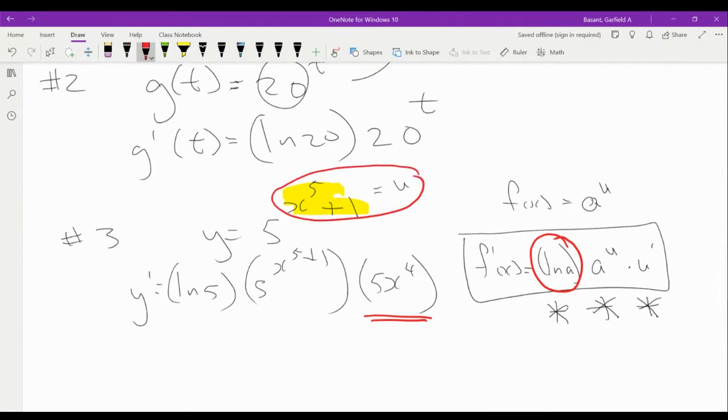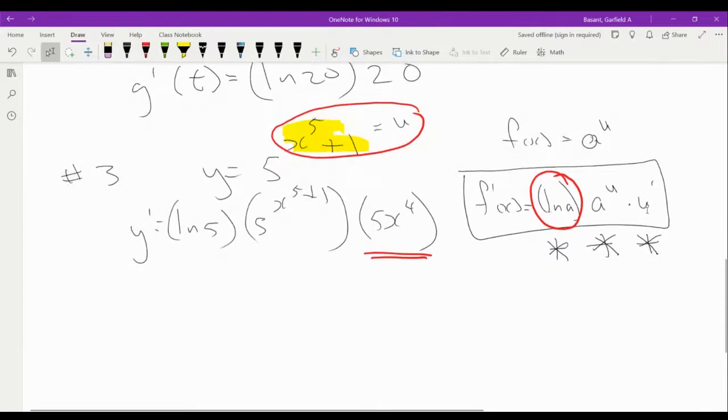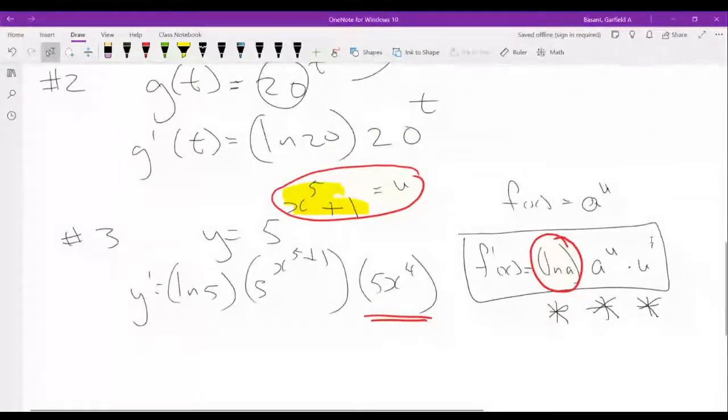Do you agree? This is our u. Are you okay with that? Okay. So our u, let's put it a little bit above here, is equal to x to the fifth plus 1.